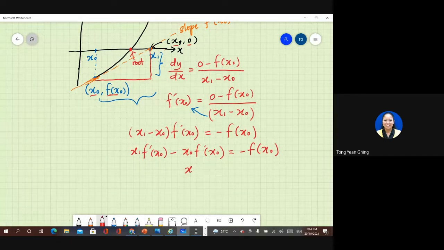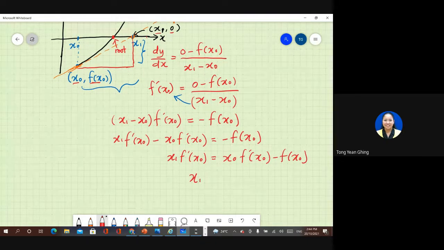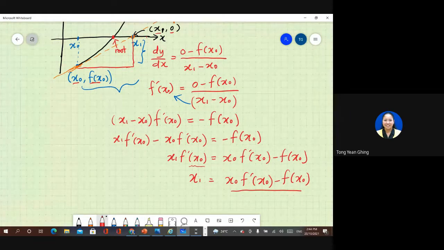So x1 f prime x0 equals x0 f prime x0 minus f(x0). Now I want to get x1, so x0 f prime x0 minus f(x0), divided by f prime x0.